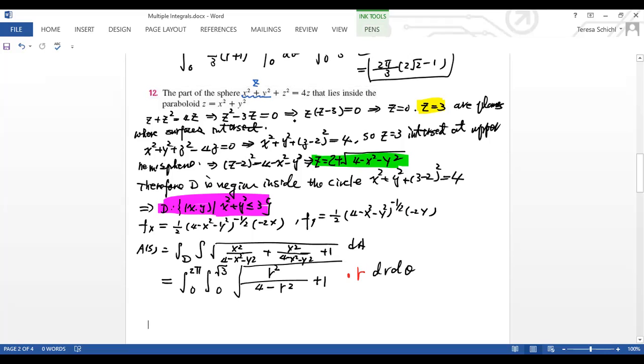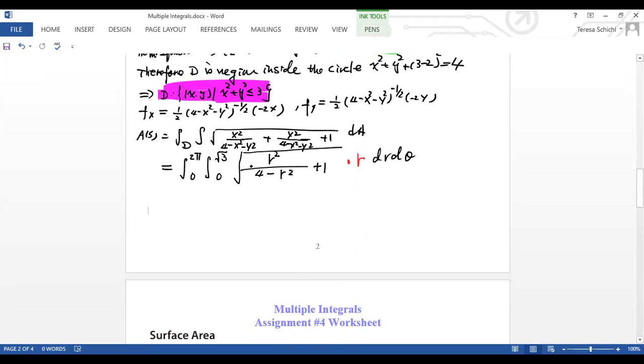So the integration here, if you simplify the inside a little bit, you can get something pretty cool. So this is the square root of 3. So the inside, if you simplify that, you will get 2r over 4 minus r squared, then you have dr d theta, right?